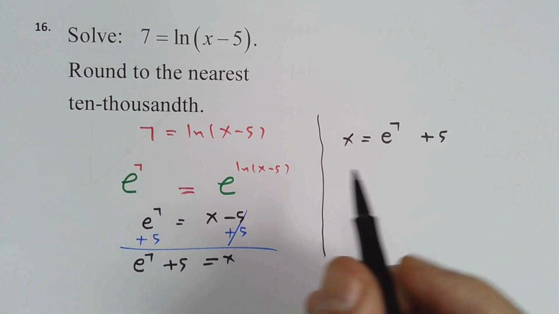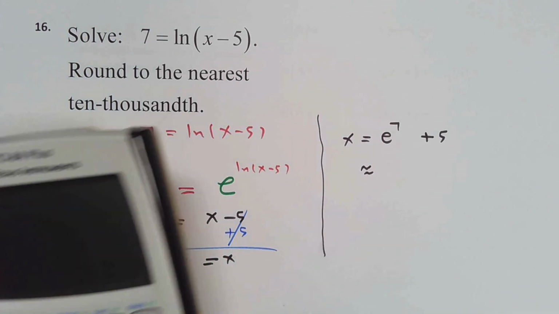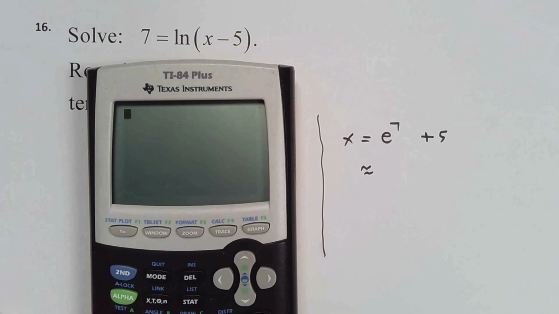Since we need to evaluate that, we use a calculator. And now we have the following. We have e to the 7. We could do e to the 7 plus 5, or find e to the 7 by itself, then add 5.